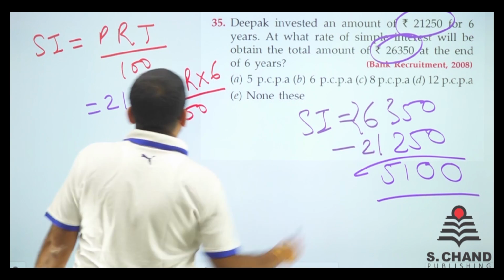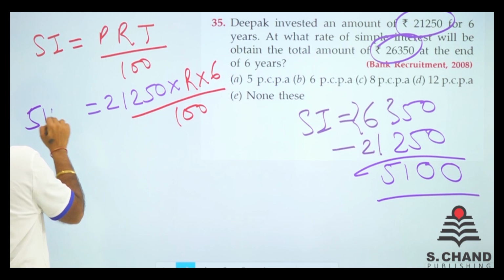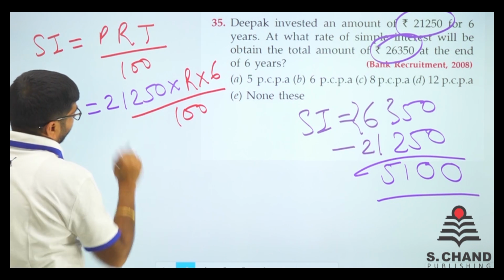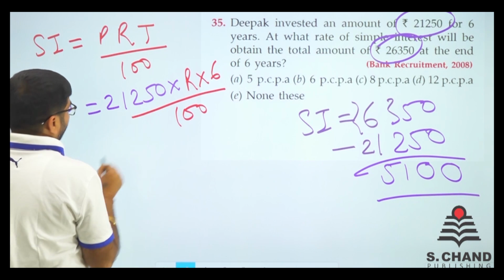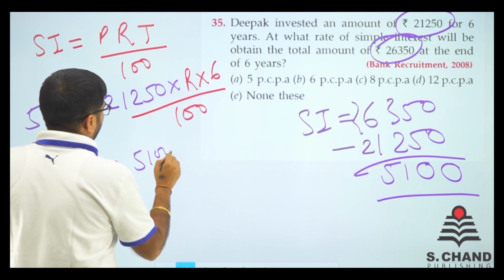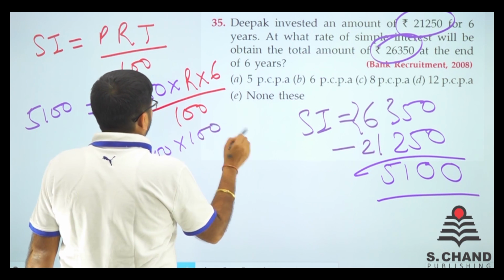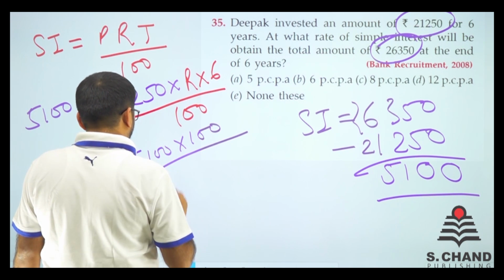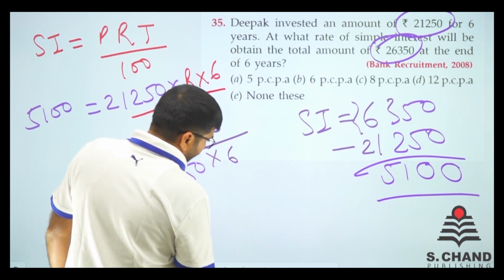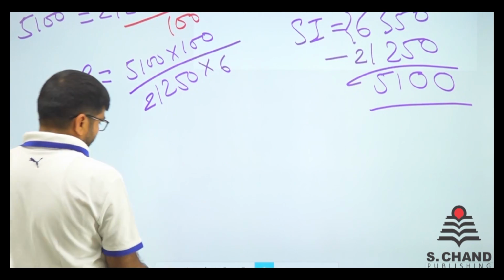And the SI is 5100. So just R remains here. So it is 5100 into 100 divided by 21250 into 6. Now let's calculate this.